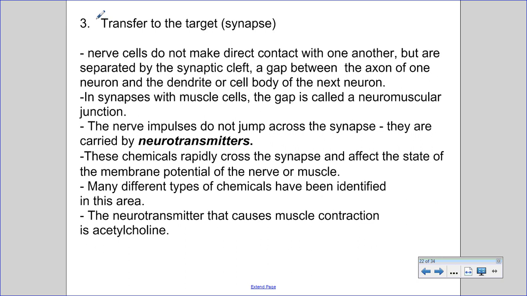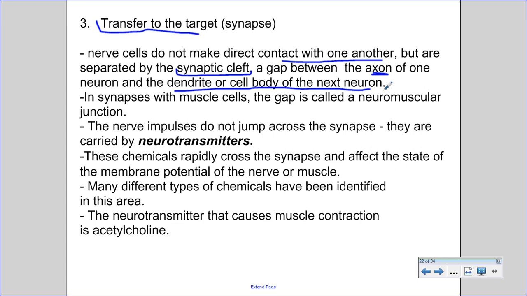So we'll look at what sets the context for that synaptic transmission. In terms of the transfer to the target, or the creation of that synapse, nerve cells do not make direct contact with one another, but they are separated by what is called a synapse or a synaptic cleft, which is a gap between the axon of one neuron and the dendrite or cell body of the next neuron. So the two cell membranes don't touch directly.